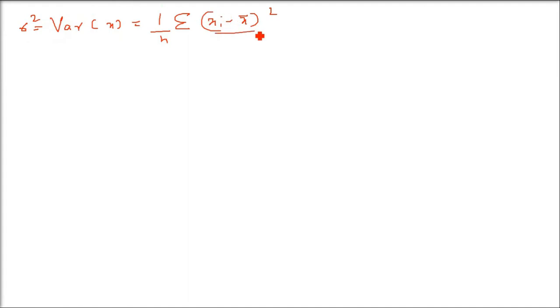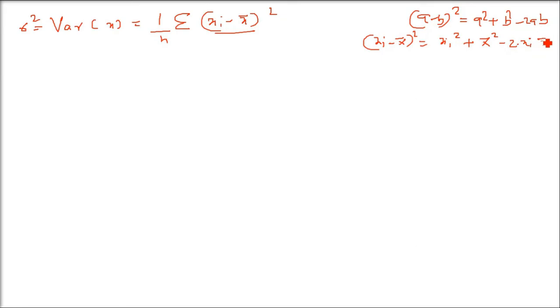But xi minus x bar, how can we write? If xi is a, x bar is b, a minus b whole square, we can write it as a square plus b square minus 2ab. So xi minus x bar whole square will be xi whole square plus x bar whole square minus 2 xi into x bar.